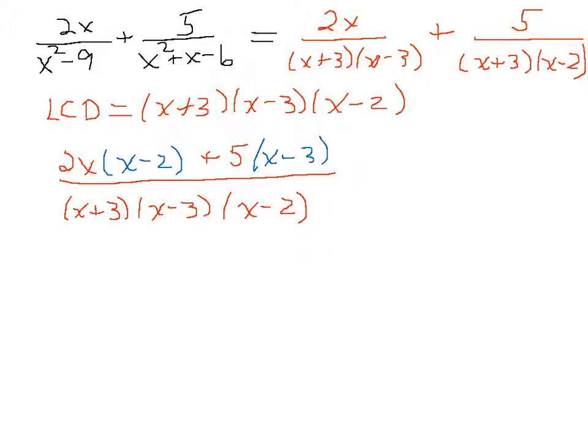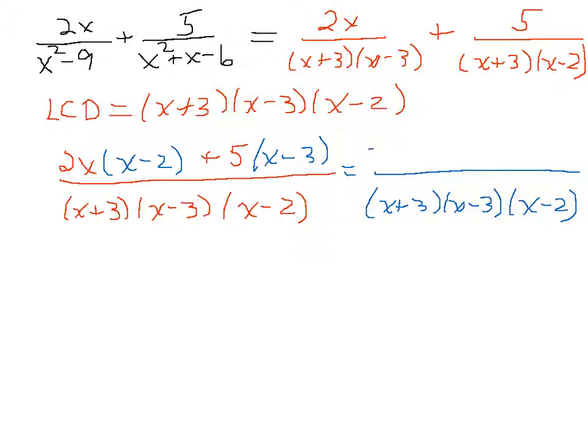Okay, so now I'm going to multiply everything out. And let's see, do you think I can fit it in here? I'm going to give it a shot. So my denominator, x plus 3, x minus 3, x minus 2, and I get 2x squared minus 4x plus 5x minus 15.